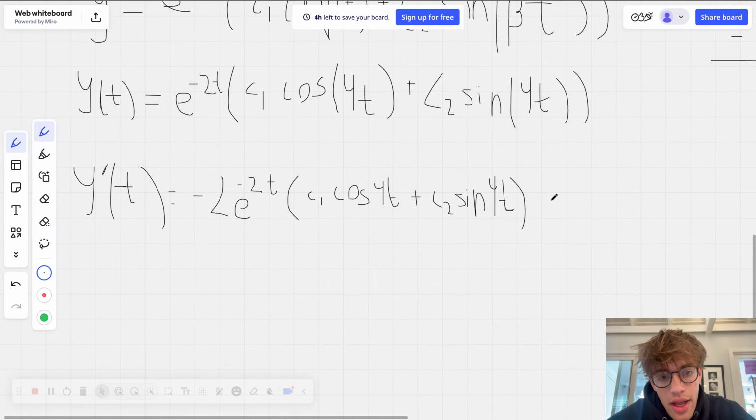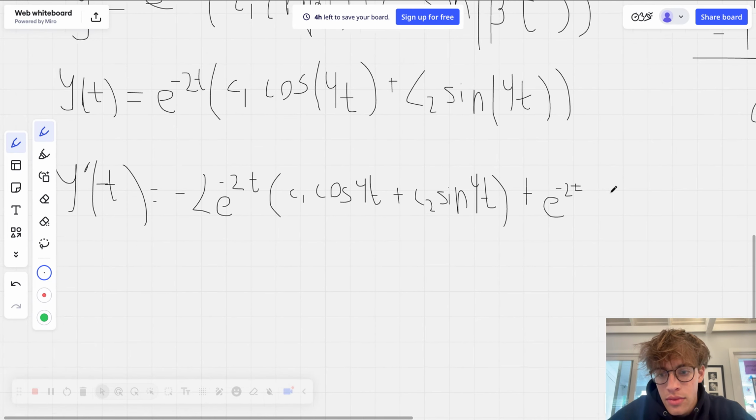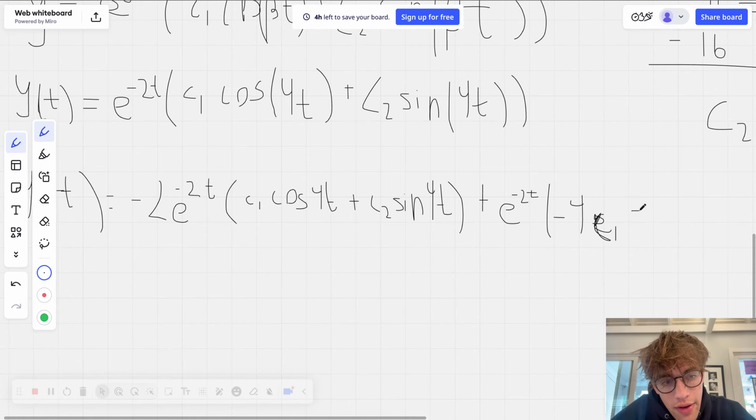And now we have this portion. The derivative of cosine is negative sine, so minus 4c1 sine 4t.